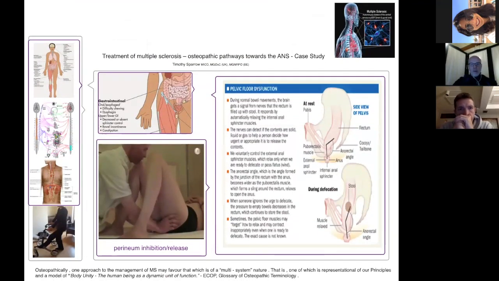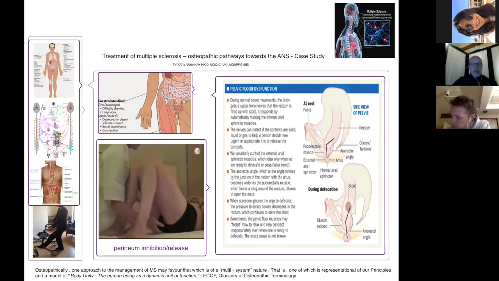So again, one thing we have to consider when we're dealing with the MS patient is that quite often we get changes in pelvic floor function, tone of the pelvic floor, and changes in sphincter function. So we can begin, as you see here, demonstrating various components of working with various structures within the pelvic floor, providing inhibition.